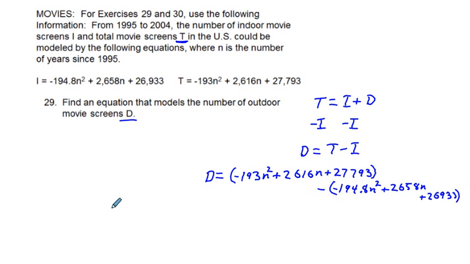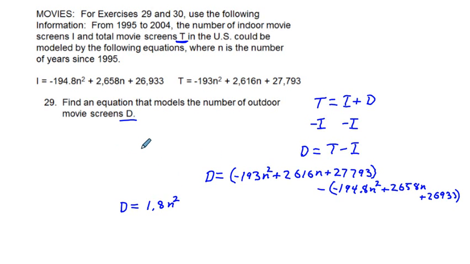So our D is going to be equal to, we have negative 193n squared minus negative 194.8, which is going to end up being plus 1.8n squared, and then we're going to have 2,616 minus 2,658n.